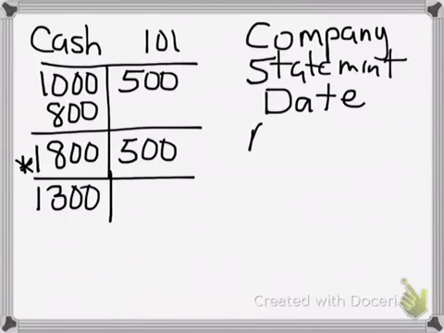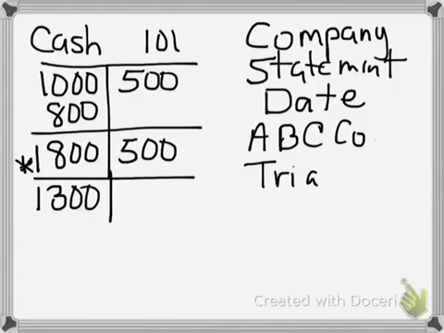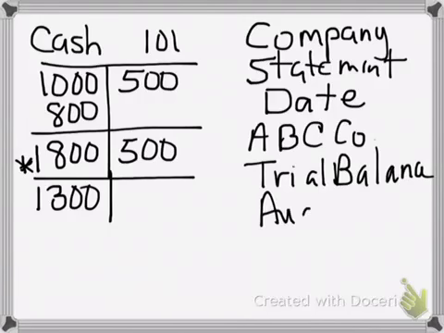And so this one, what I'm going to do is I'm going to say, okay, what if it was ABC Company? This is a trial balance. And the last entry I had was on the 3rd of August. So I'm going to put August 3rd, 2016 as the date.